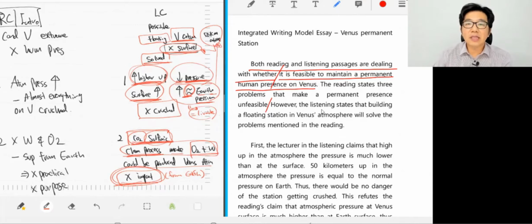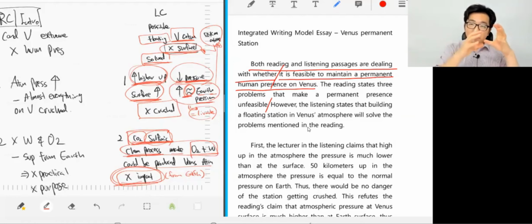So, however, the listening states that building a floating station in Venus atmosphere will solve the problems mentioned in the reading. All right?